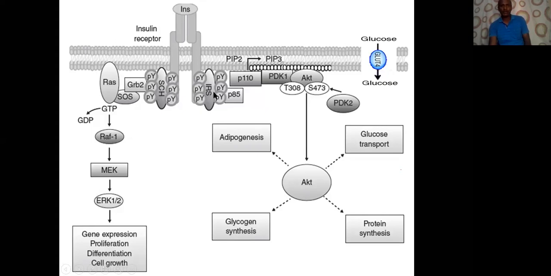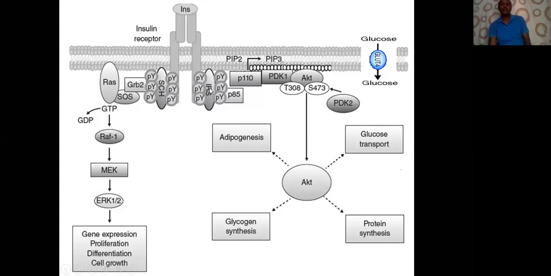Activation of the insulin receptor substrates converts phosphatidylinositol diphosphate into phosphatidylinositol triphosphate. This conversion, biphosphate to triphosphate, is carried out by the insulin receptor substrate.